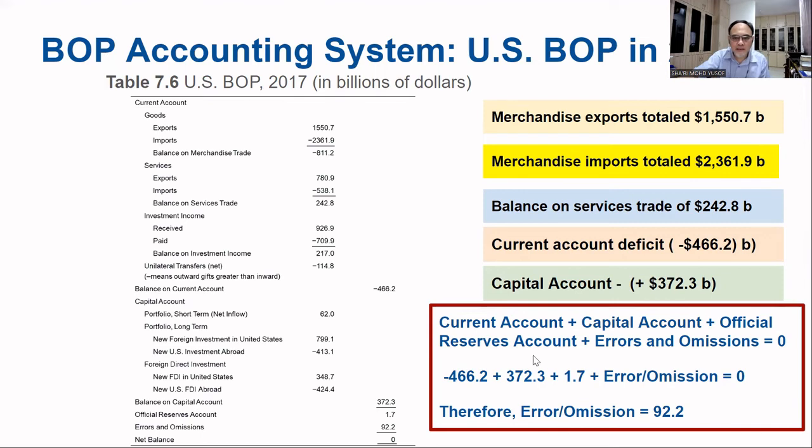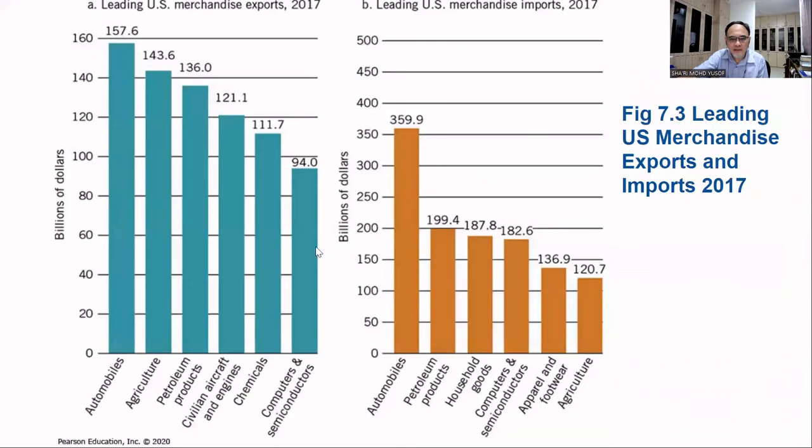The detail is for US, the leading US merchandise, so these are the tangible goods. The leading US merchandise exports and imports. The green one is exports, automobiles and agriculture.